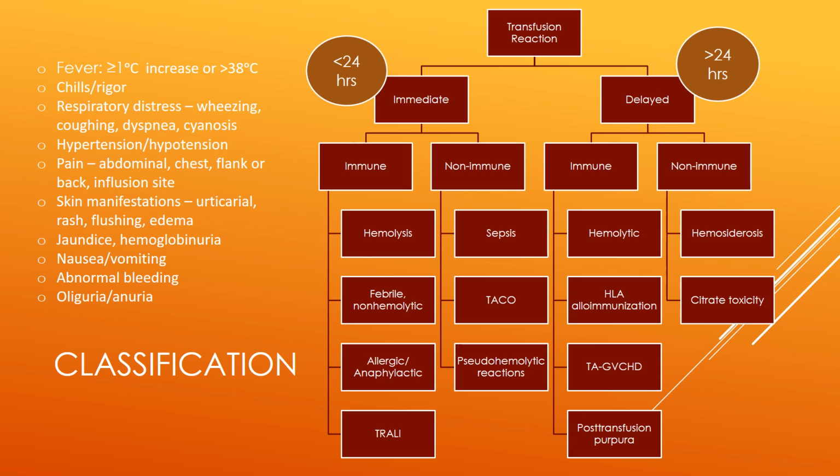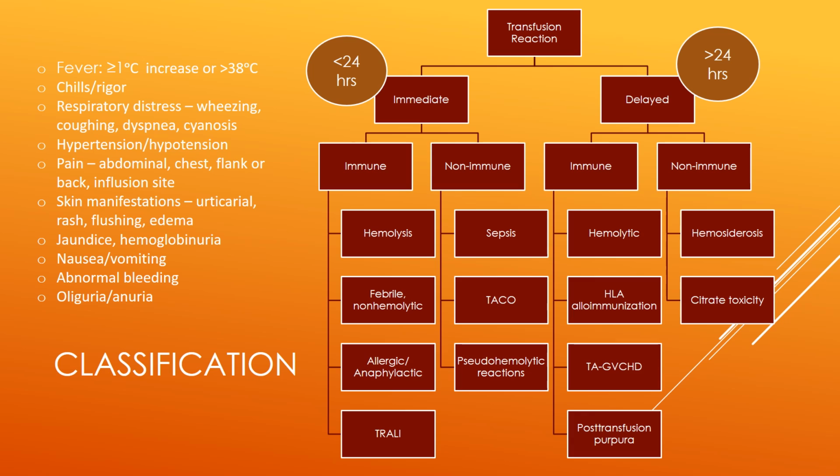The major ones that we're worried about are the immune transfusion reactions. However, we will classify any transfusion reaction based on when it occurs and whether it's immune or non-immune.